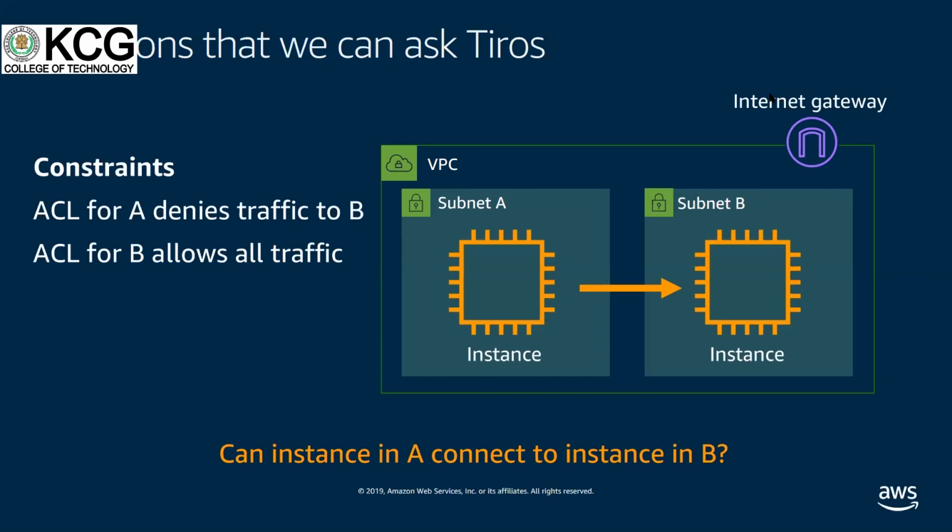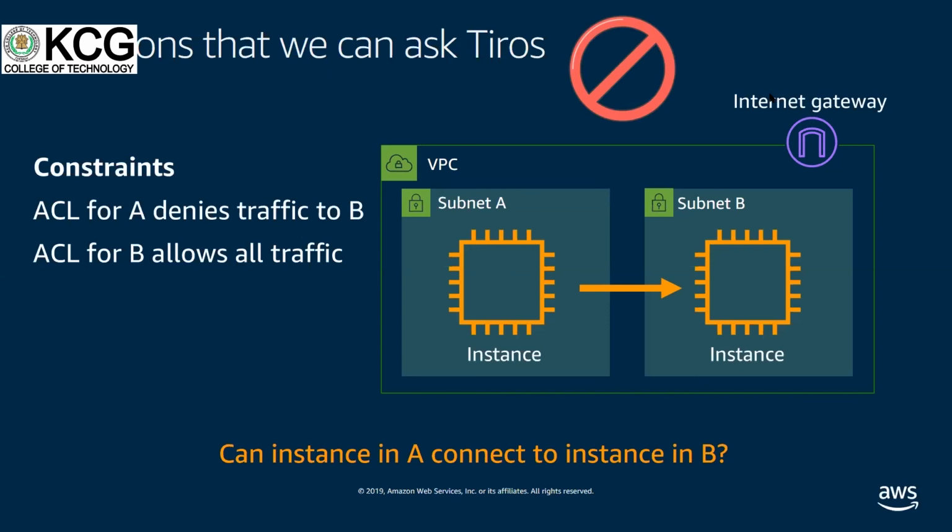Again, these are just examples of, can instance A connect to instance B? Basically, you get the idea, right? In this case, it cannot because of the way the ACLs are defined here. The constraints are that ACL A denies traffic to B, and ACL B allows all traffic.